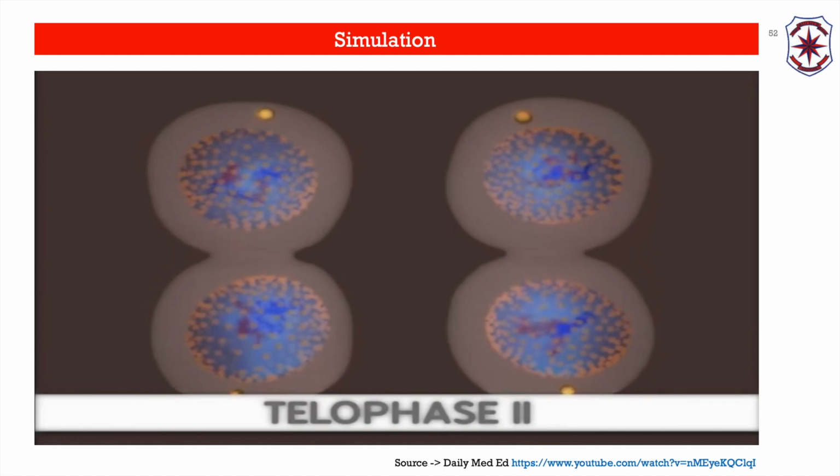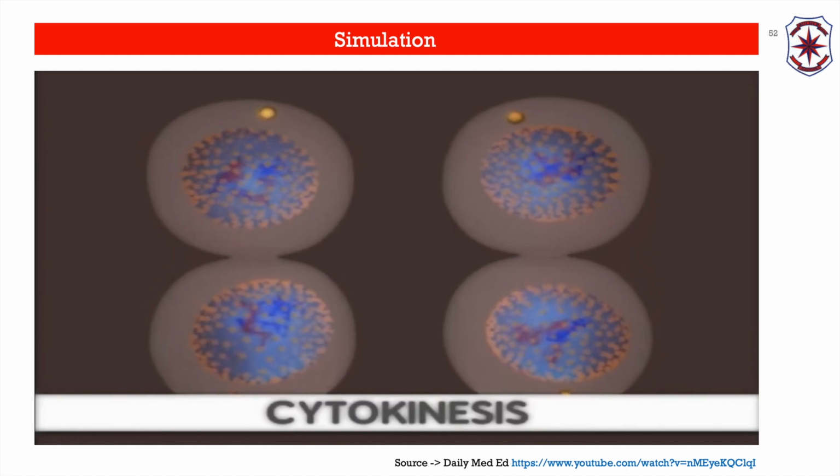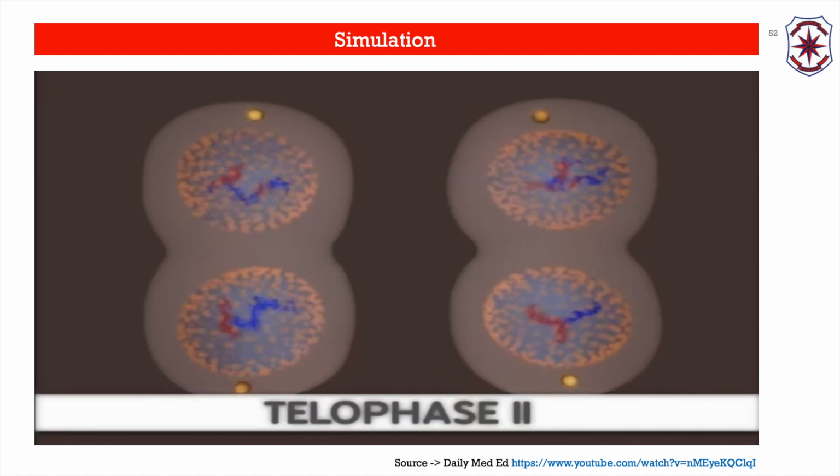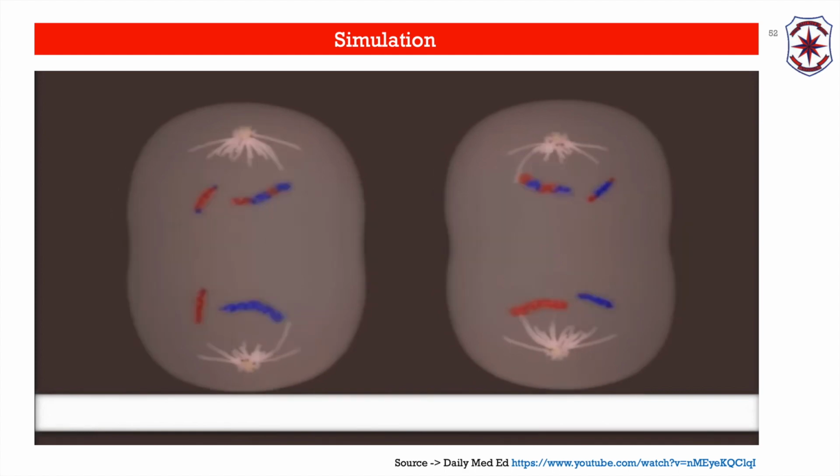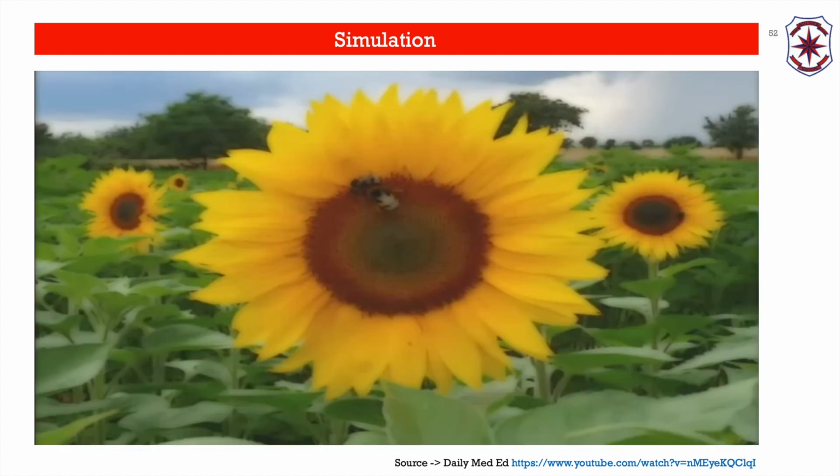So we are going to end up having how many daughter cells? 4 daughter cells. I want us just to go back a bit. Okay, now we are at the end of meiosis 2.